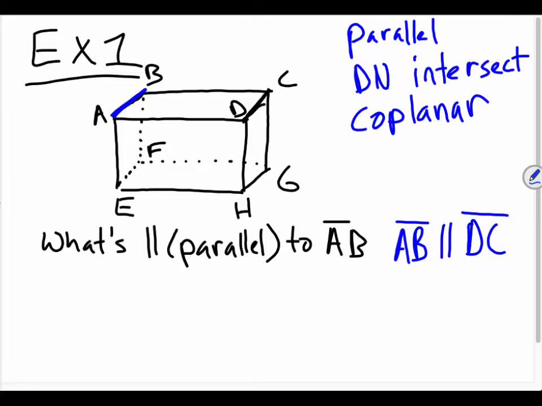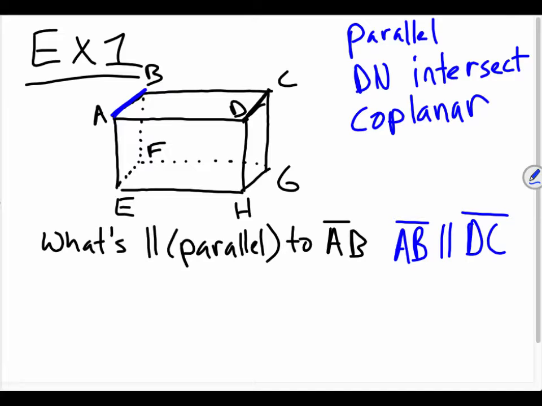Now the reason I know that the line segment is in two planes, because we said this a long time ago in chapter 1, that when you intersect two planes, the intersection is a line, right? So we have a line segment, we're kind of thinking backwards on that. So think of the left side of the box. What line segment is parallel to AB?